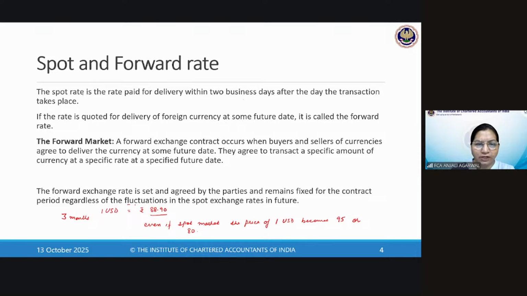So whatever the fluctuations in the spot exchange rate in future, that will not influence the forward exchange rate, which is set after 3 months at 88.90.